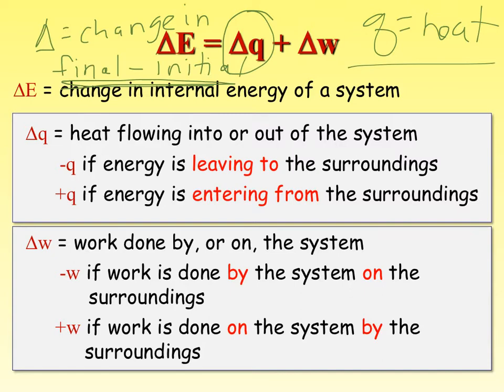Whereas if you have a positive Q, then energy is coming from the surroundings and going into your system. Now, work, again, this is just in a very basic sense, and you'll see in a second why. Work is negative if work is done by the system on the surroundings, and positive if work is done on the system by the surroundings.